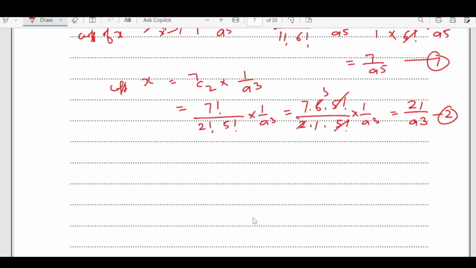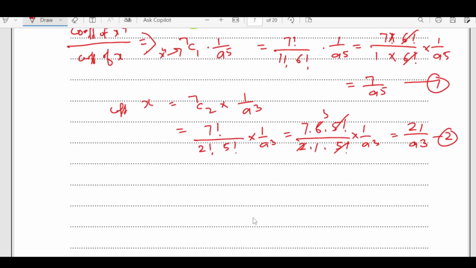So now we are going to divide both of them, and this is equal to 3. We are given this is 3. So we will have 7 over a^5 over 21 over a cubed, and this is equal to 3. So from here we will take 7 a^3 over 21 a^5 is equal to 3, right?